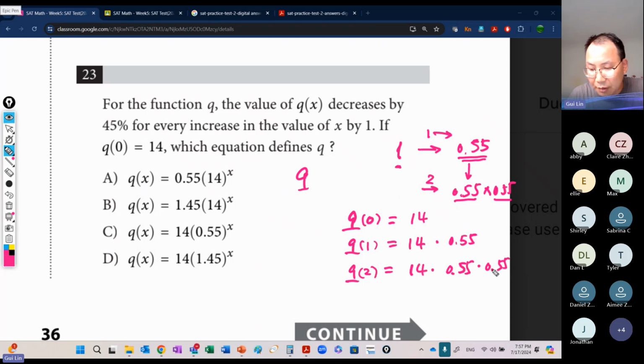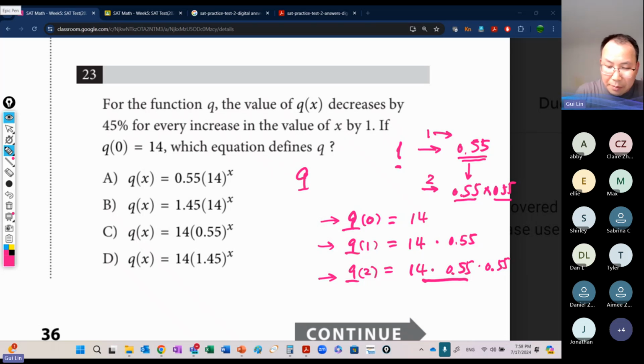It means only 55% of the last time. So we got it here. You can see the first, second, and third, what's going on here, right?